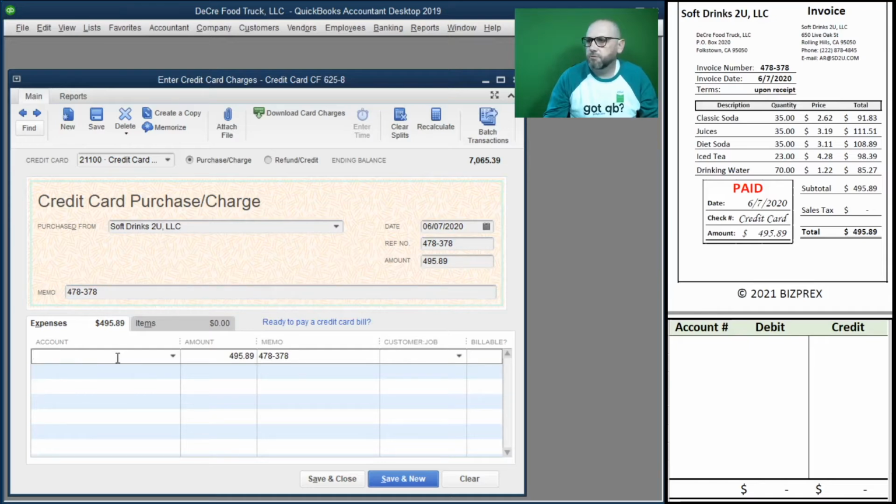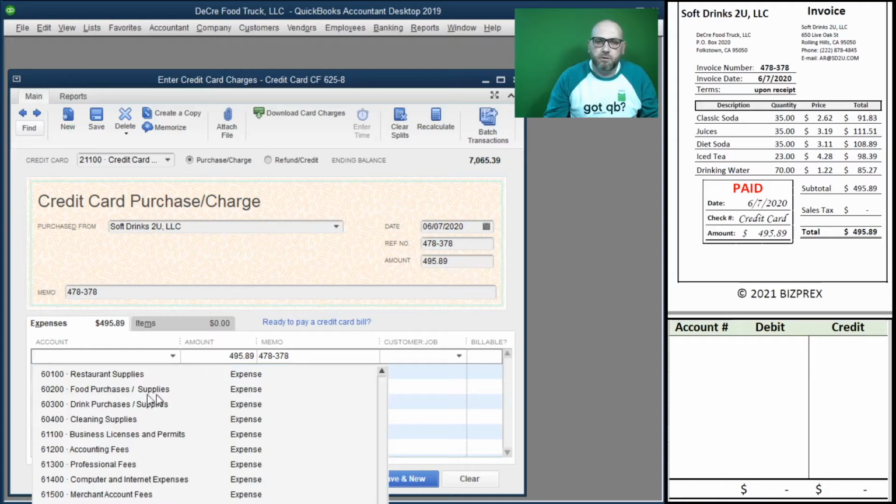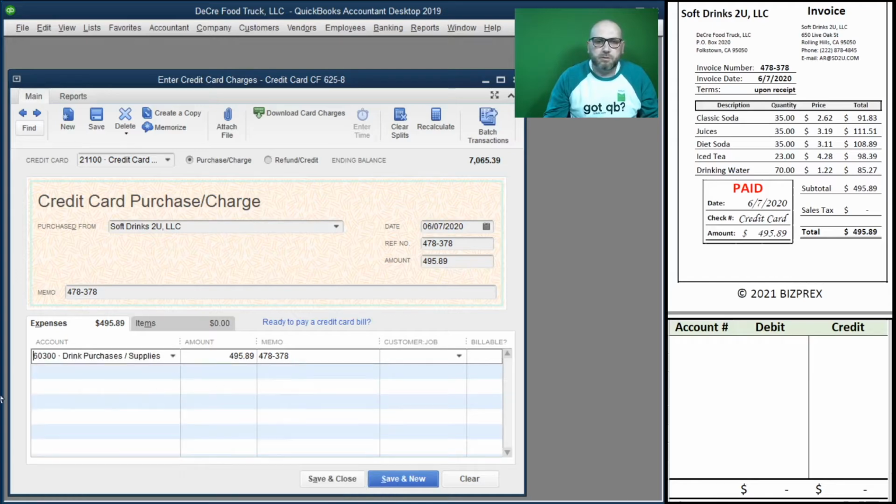What's there? We have soda, we have juices, we have some iced tea. Those are our drink purchases. That's an expense account. So again, what's happening here? We're buying this one using our credit card. So our liability goes up.